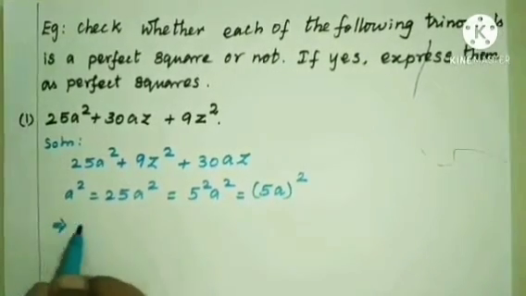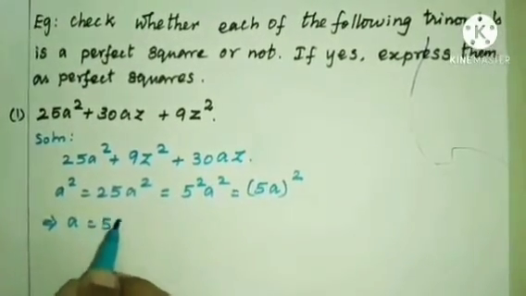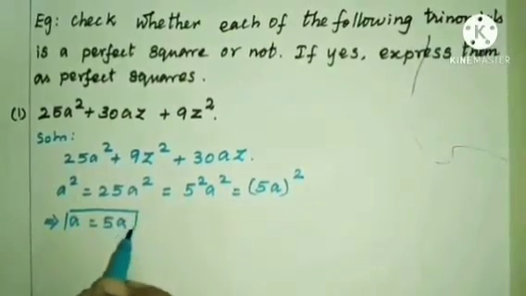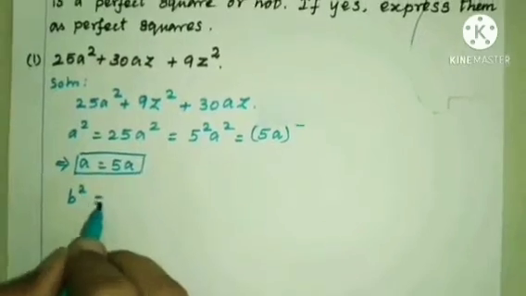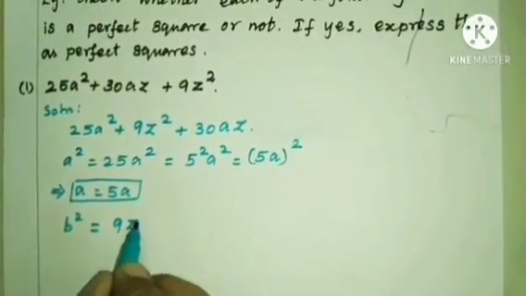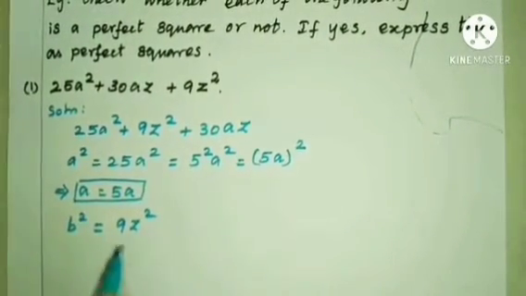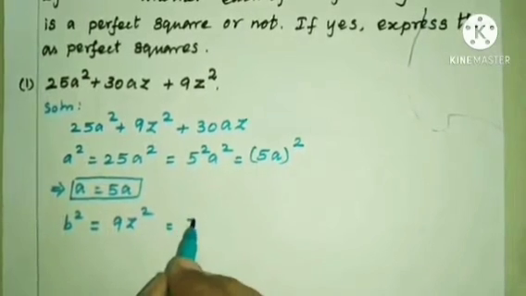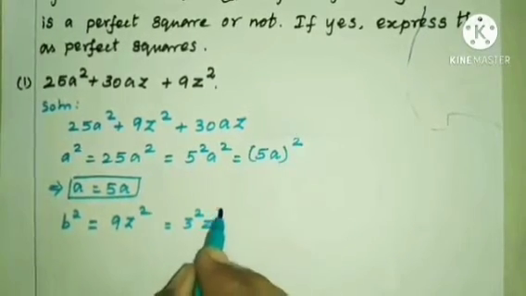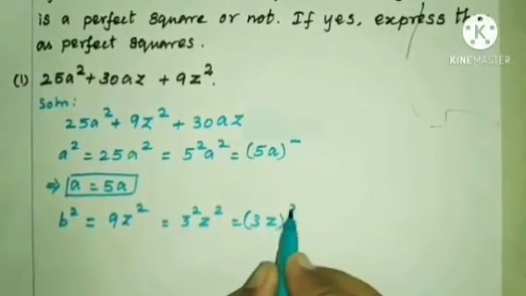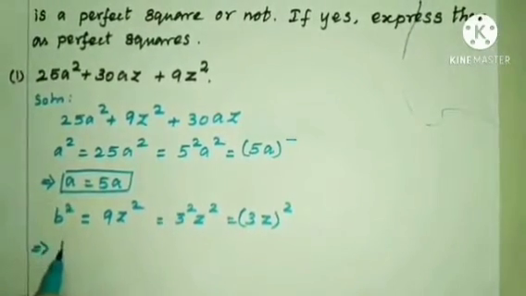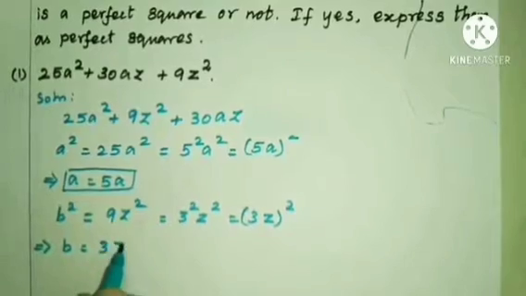This implies a is 5a. Then the second element, b² is 9z², which is 3²z², that is (3z)². This implies b is 3z.